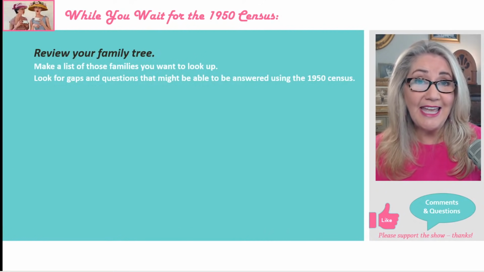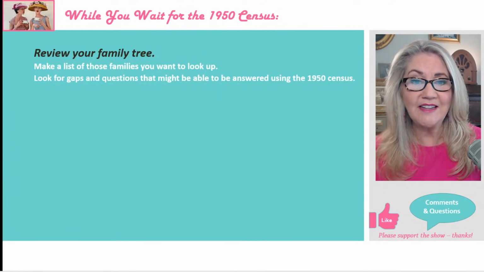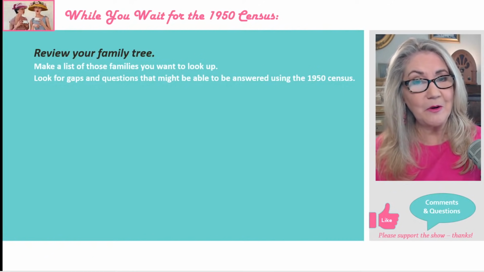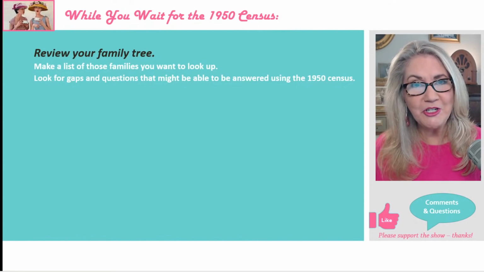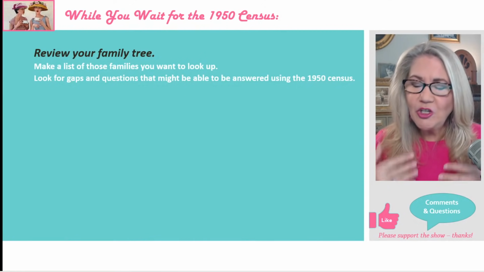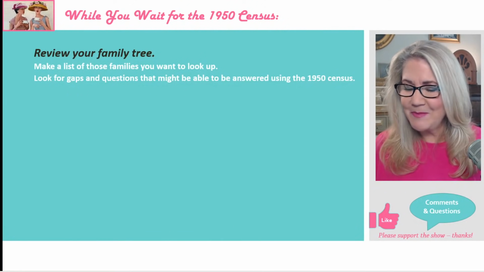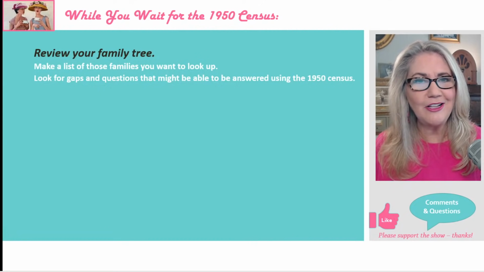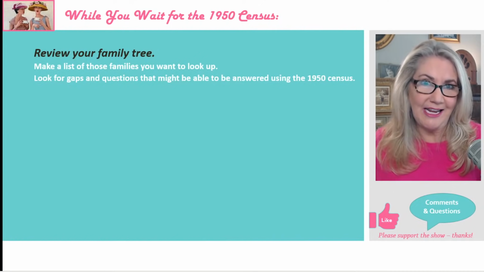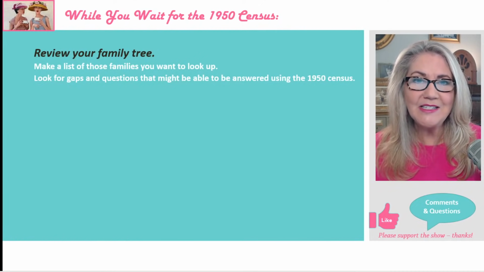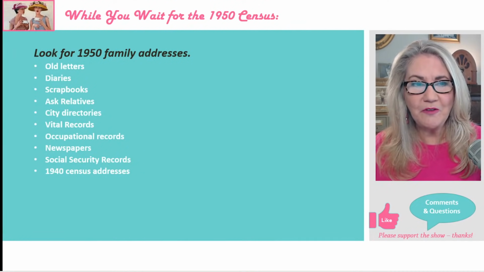And look for gaps and questions that you might be able to answer based on what you've learned in this hour together on what kind of information is provided. A good research question, we've talked about that here before at our channel, is just key to getting good answers. So make that list, go through, take some time to comb through your family tree.